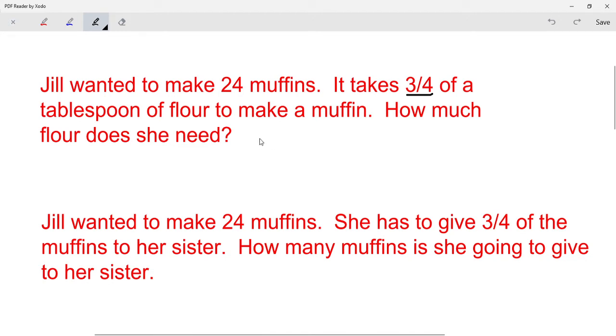So that means we are going to have 24 groups of 3/4 of a tablespoon, which would be 3 times 24, and I can put 24 over 1. You multiply across for multiplying fractions.